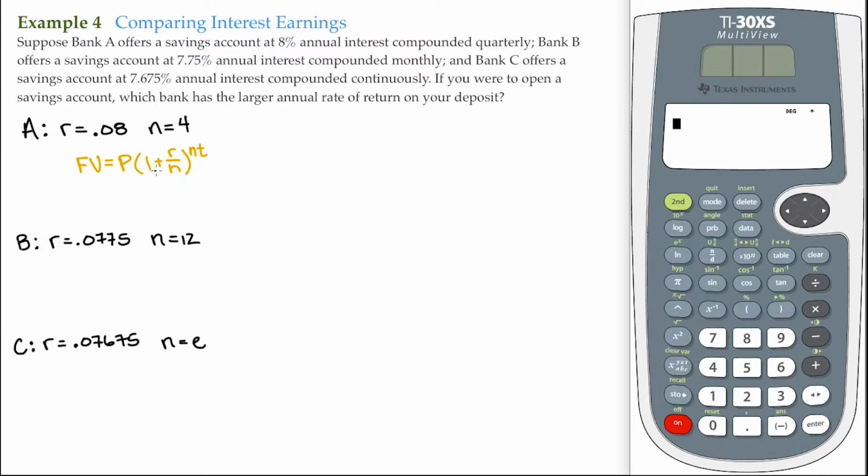We just want to know the rate of return. So we have the future value equal to 1 plus R over N, to the N times T. Well, if T, we're just looking for an annual rate of return, that's just once for the year. So N times 1 is simply N.